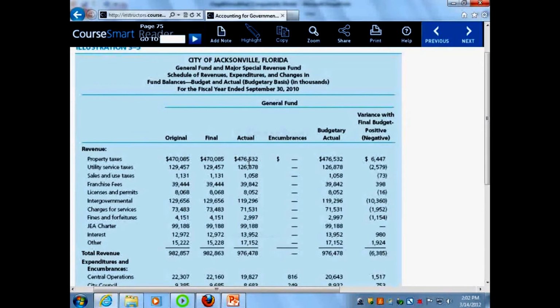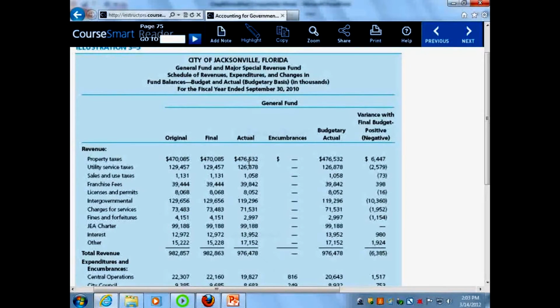But in order to meet GASB's requirement, if you prepare your budget on a non-governmental GAAP basis, listen, this statement has to be prepared on a non-governmental GAAP basis. Because if you prepare this statement on a GAAP basis, you are preparing a statement which is not GAAP.